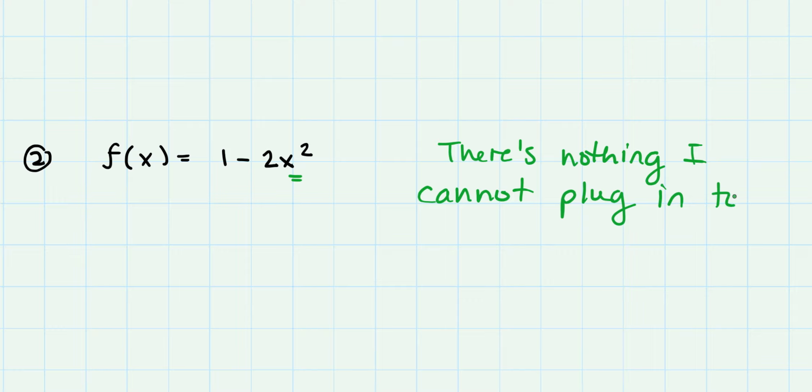Another way to think about it is, if you put a number into here and you try to put it in your calculator, would you get an error for any number you plug in? And the answer is no. You can plug in whatever you want. So because I can plug in anything, the domain of f is all real numbers.